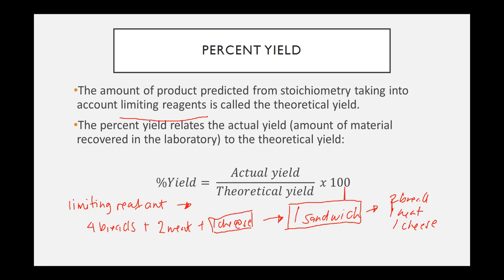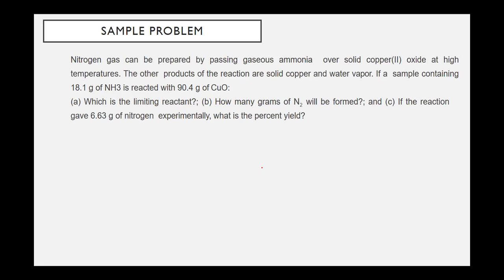Once we get the limiting reactant, we will see it in the sample problem later. Another example. So, let's proceed. Here is our sample problem.